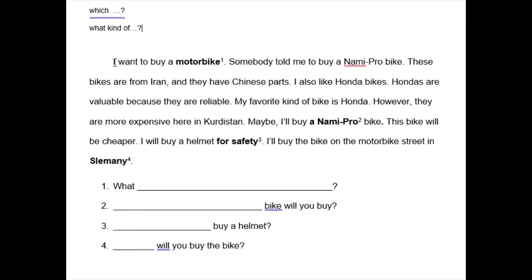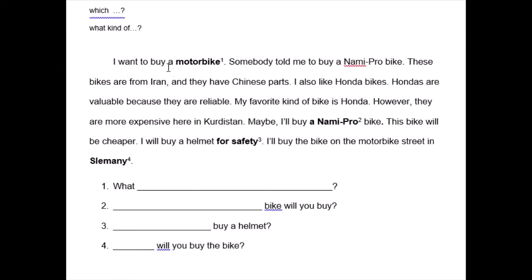So I want to buy a motorbike. Somebody told me to buy a Nami Pro bike. These bikes are from Iran and they have Chinese parts. I also like Honda bikes. Hondas are valuable because they are reliable. My favorite kind of bike is Honda. However, they are more expensive here in Kurdistan. Maybe I'll buy a Nami Pro bike. This bike will be cheaper. I will buy a helmet for safety. I'll buy the bike on the motorbike street in Slemani.